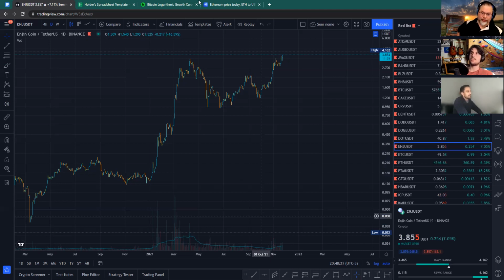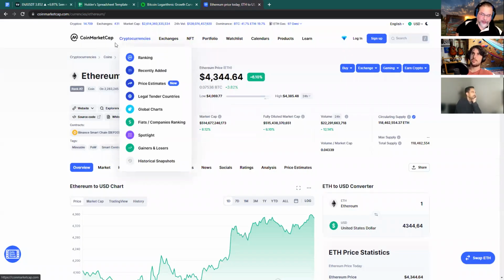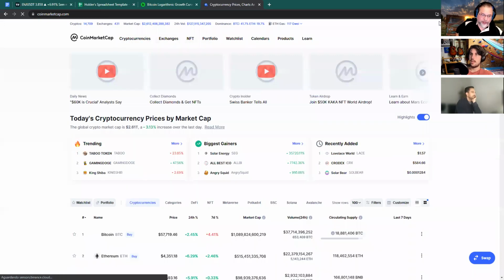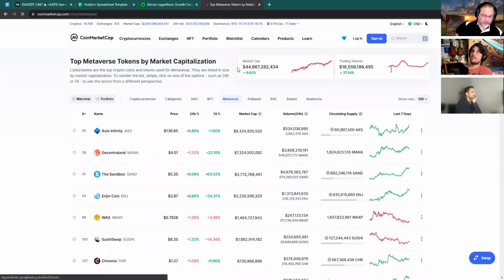Also, one comparison you could make is if you go to CoinMarketCap, go to cryptocurrencies, and select by category. Let's say, for example, metaverse. Then you compare the total metaverse market cap to the gaming market cap.